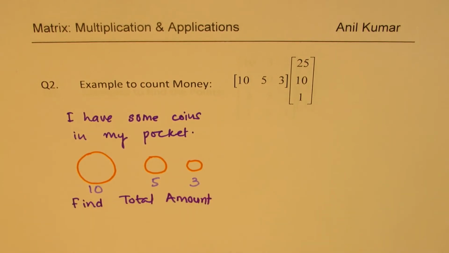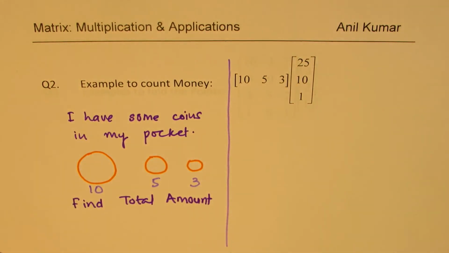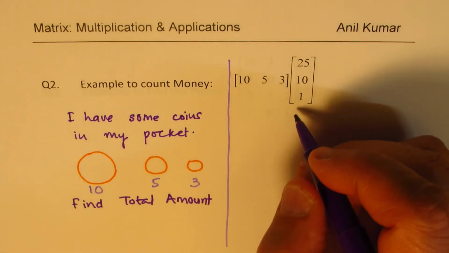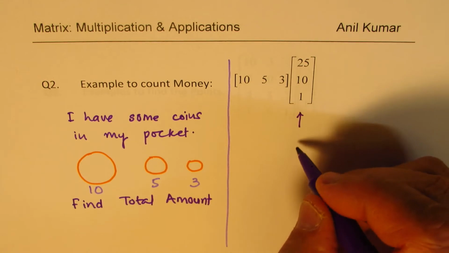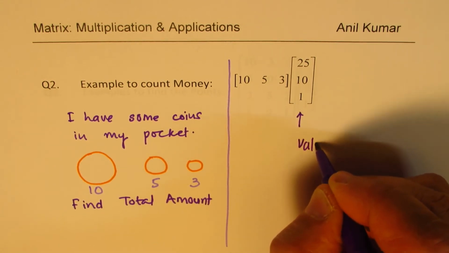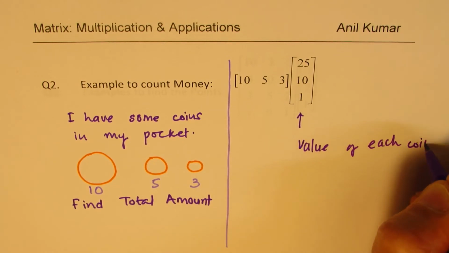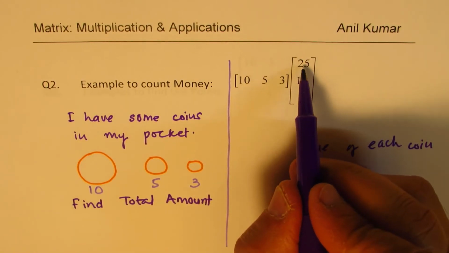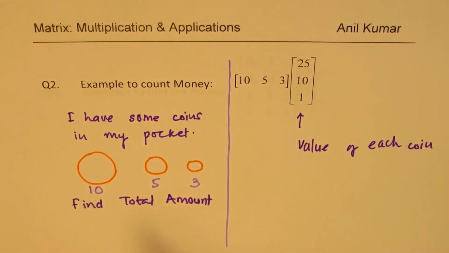So that is a case of multiplication. Do you see that? And using matrix, that is how we show, as you can see here on the right side. So think about it like this. So this becomes the value of each coin, right? So for example, 25 cents is the value for quarters, correct?